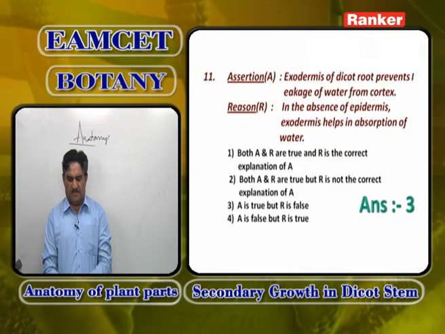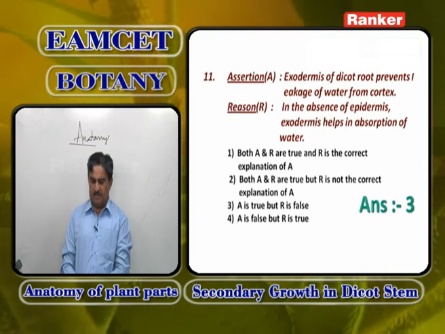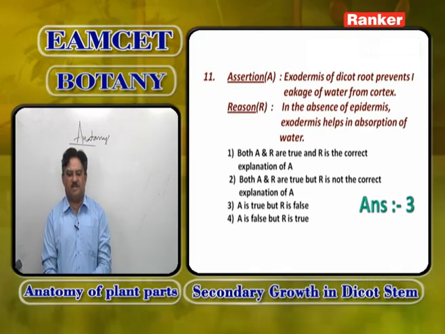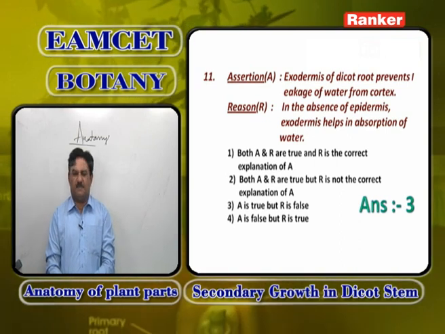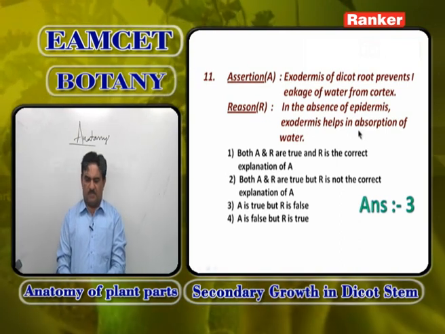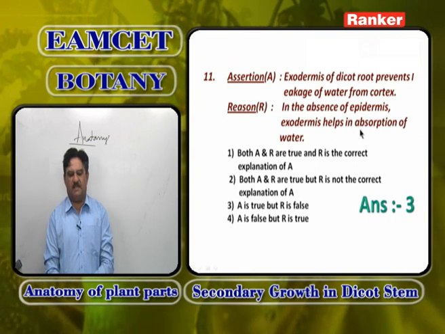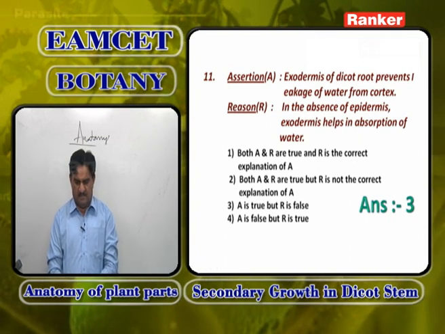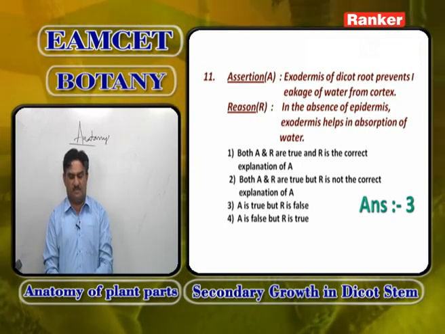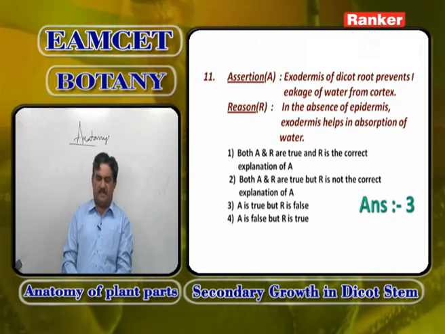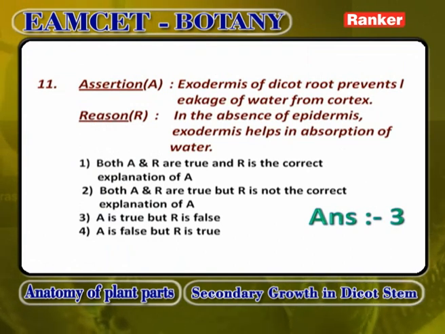So, the assertion is correct. The reason, that in the absence of epidermis the exodermis helps in the absorption of water, is wrong. So, A is correct but R is false. The third option is the answer.